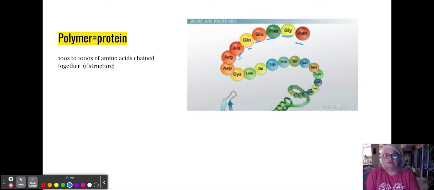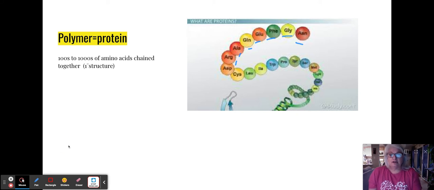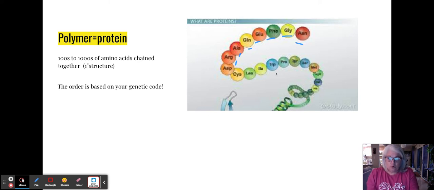Now these are the 3-letter codes for amino acids, but all of these are amino acids. And what determines which ones go in which order is your DNA, your genome. So your DNA actually codes for the order of these amino acids, and different orders create different proteins. It's actually a really beautiful system if you think about it.